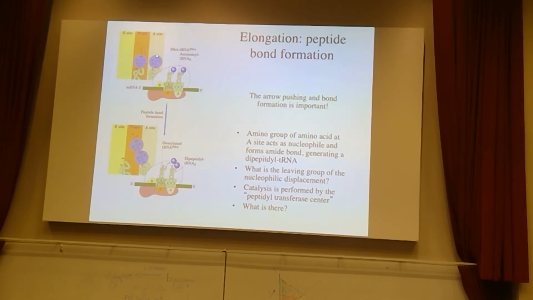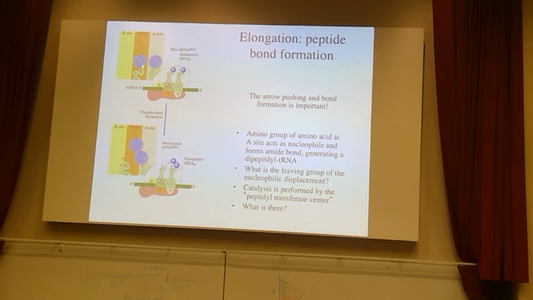Here's our nucleophile. It's the amino group of the amino acid conjugated to the tRNA that's at the A site. It is going to make a nucleophilic attack on this carbonyl carbon that is at the very terminus of the growing peptide chain that is also appended onto the 3' end of the tRNA at the P site.